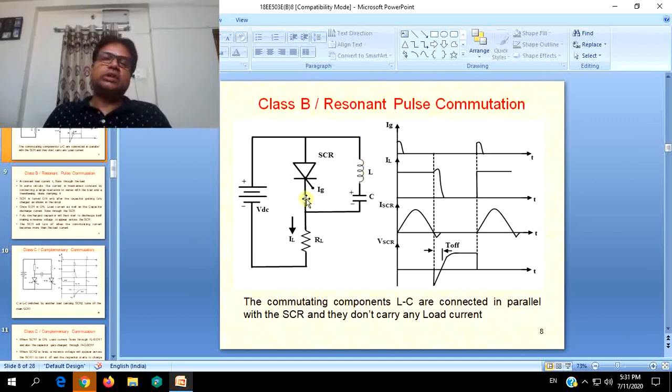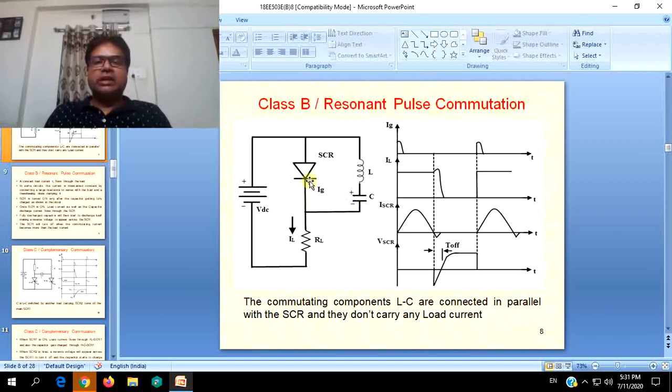So eventually the anode current of the SCR becomes less than the holding current and it gets turned off. This is where it becomes zero and it gets turned off. This is the reverse recovery time. During that, a reverse voltage should be available, which is again possible because of the capacitor.